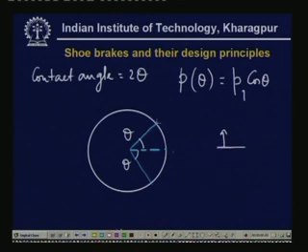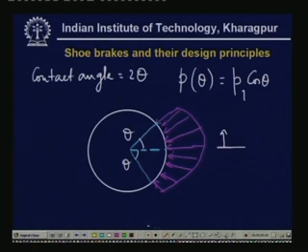So the pressure distribution is quite large over here and small over there, and this is symmetrically distributed. The symmetry is not very obvious from this figure. So this is roughly the pressure distribution, and this is a function of theta.